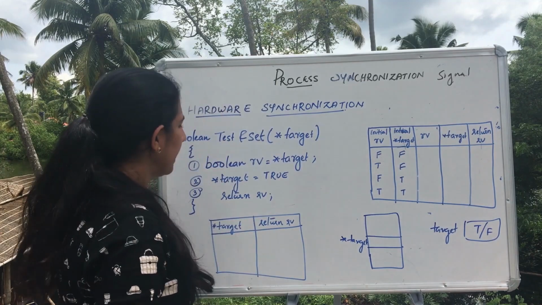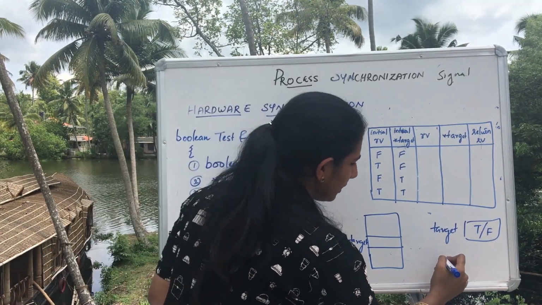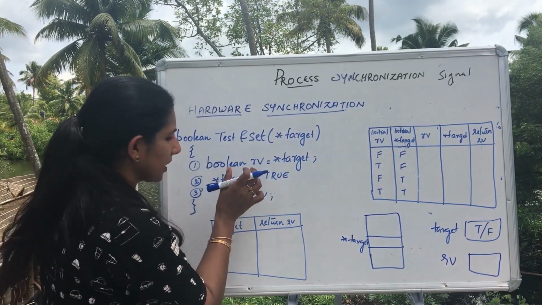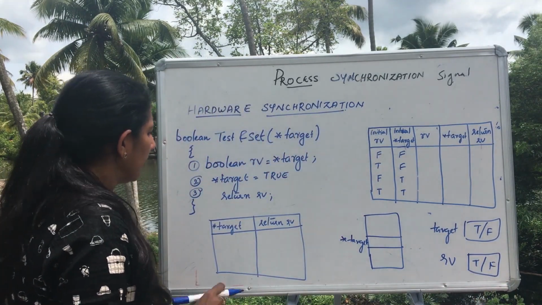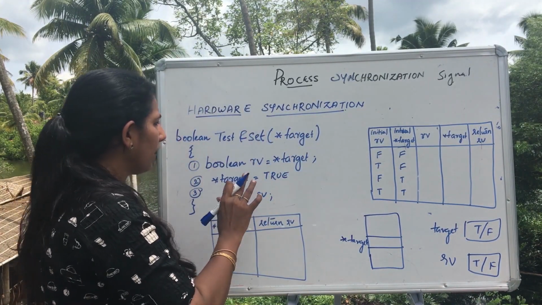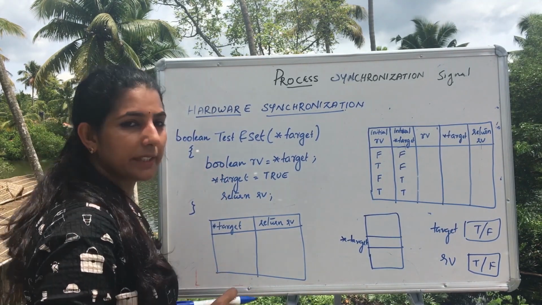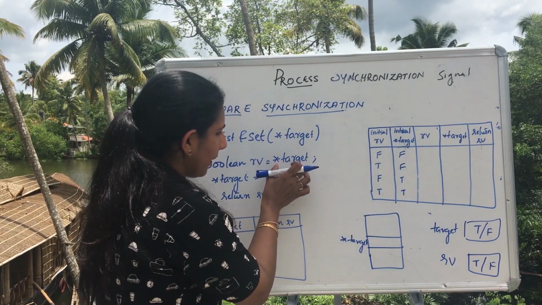And I initialize a return value register, RV, which is also Boolean and can also be either true or false. This is the definition of the Boolean function. I have numbered the lines here, and I will come to it later. Now, Boolean RV is equal to pointer target.